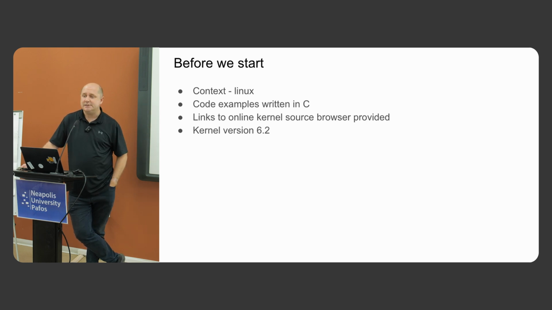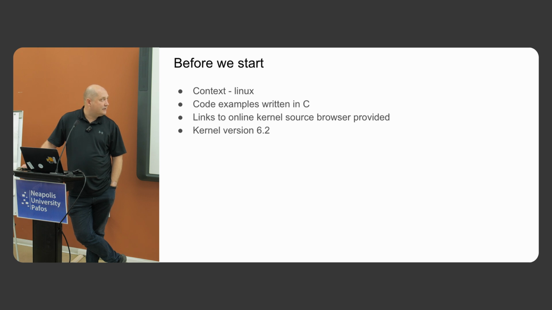In some cases, if you are interested in getting some extra knowledge, I'm providing links to the online Linux kernel source browser. You can use my slides, click on the link, go there and figure out what the code really looks like.